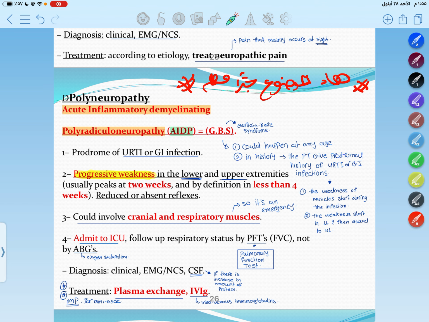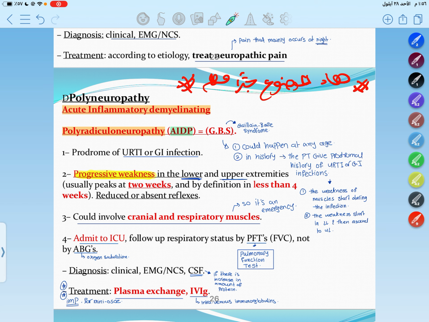Not waiting for the ABG. Don't wait until the oxygen drops in the blood, it's too late. You do frequent tests: put a peak flow meter in front of the patient every two hours, he blows, and you see if the respiratory function is reduced. Here it is alarming. Immediately you call the anesthetist to come, because this patient might need assisted respiration by endotracheal tube and respirator.